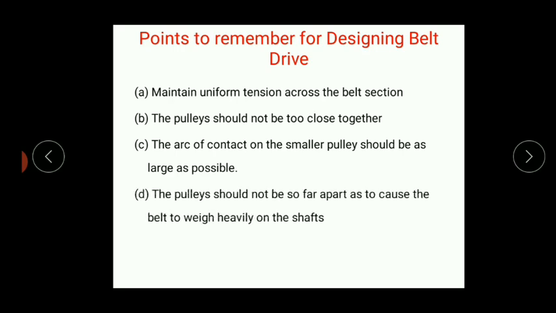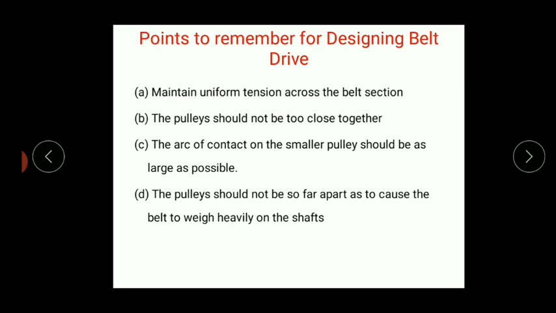Similarly, the pulleys should not be so far apart as to cause the belt to weigh down on the shaft, because the pulley itself has its own weight, and the pulleys are mounted on the shaft. So the shaft has to carry the weight of the pulleys, as well as the weight of the belt will also be transferred on the shaft, that is the driving shaft and the driven shaft.